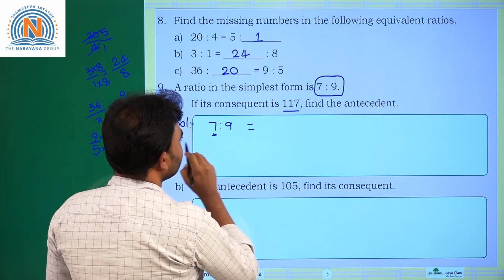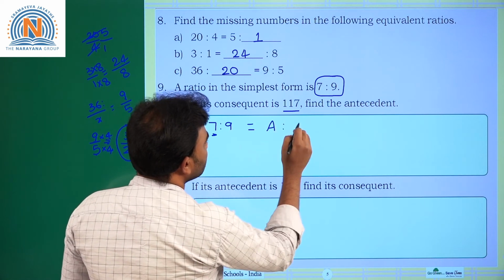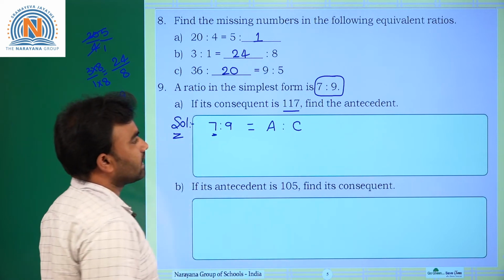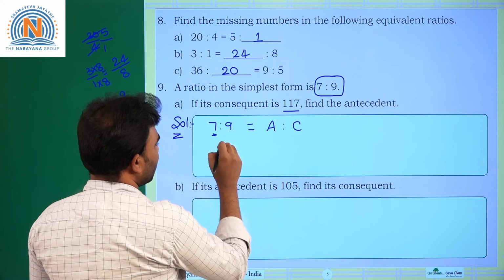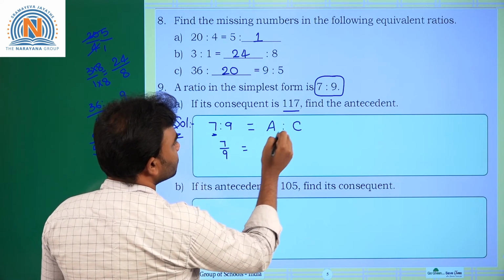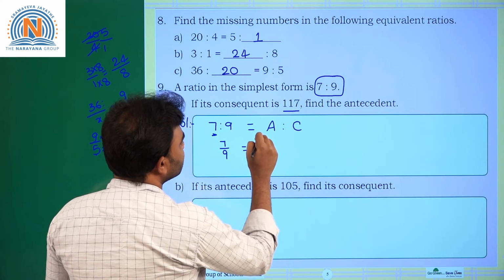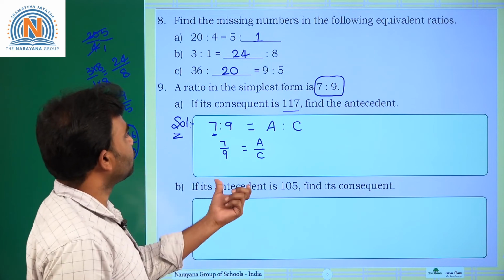In this, 7 is called the antecedent and 9 is called the consequent, right? 7:9 can be written as 7 by 9 is equal to A:C, which can be written as A by C, that means antecedent and consequent.